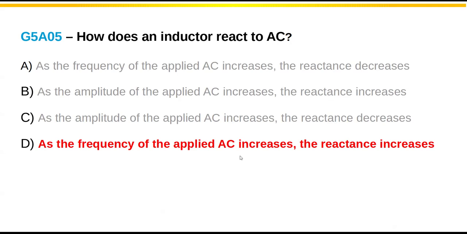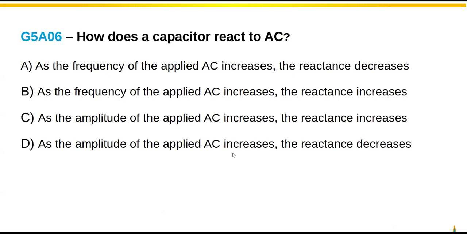Inductors oppose at high frequency. Capacitors oppose at low frequency. Well, what's considered low and high in that case? Well, low frequency would be 0 or DC. An inductor at DC has only its internal resistance.